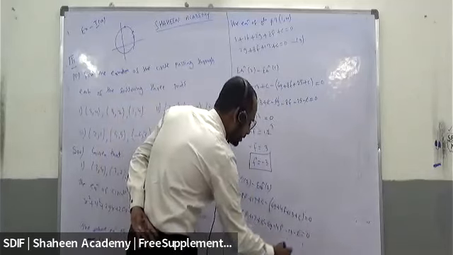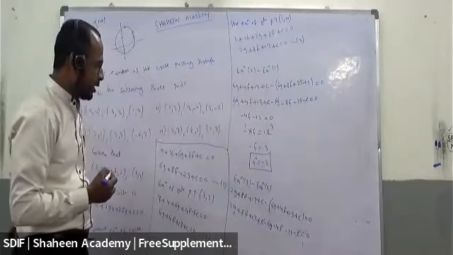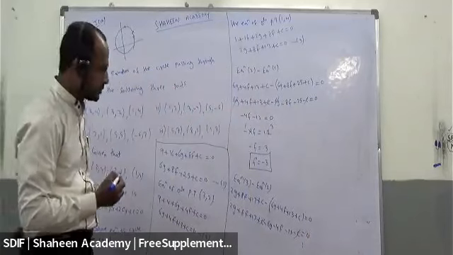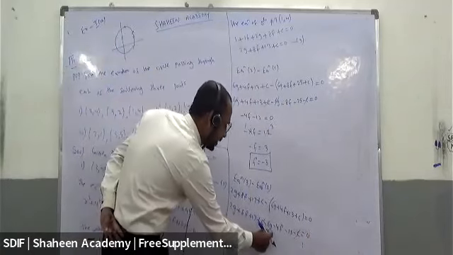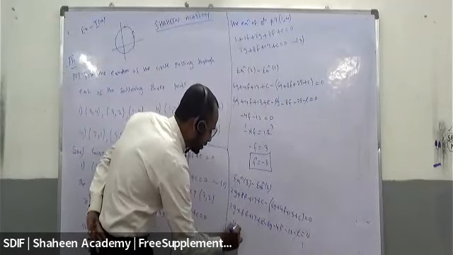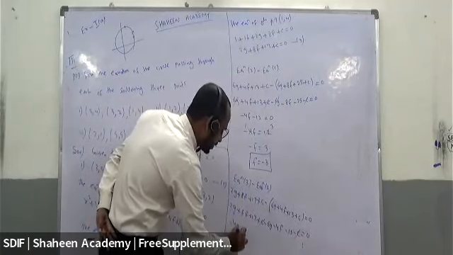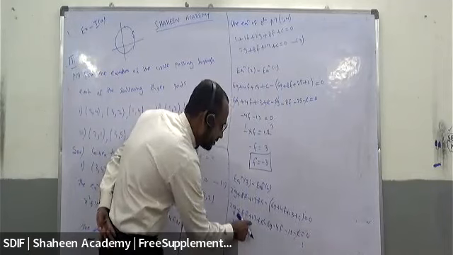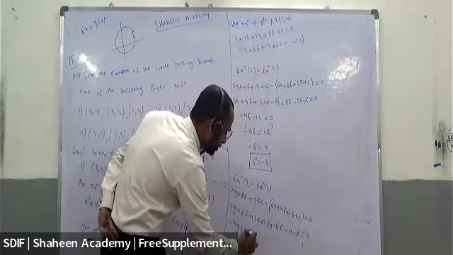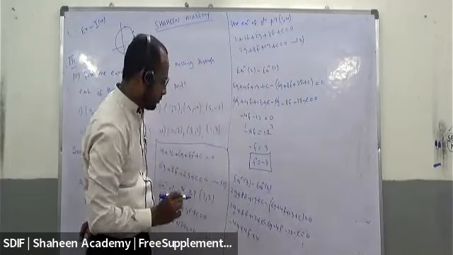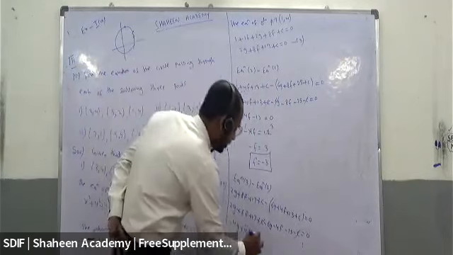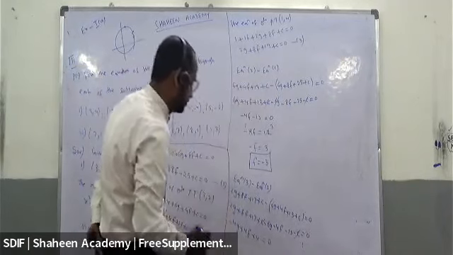Plus c minus c gets cancelled. What do we have next? 2g minus 6g is minus 4g, 8f minus 4f is plus 4f, 17 minus 13 is plus 4. Any more terms? Nothing. It's equal to 0.